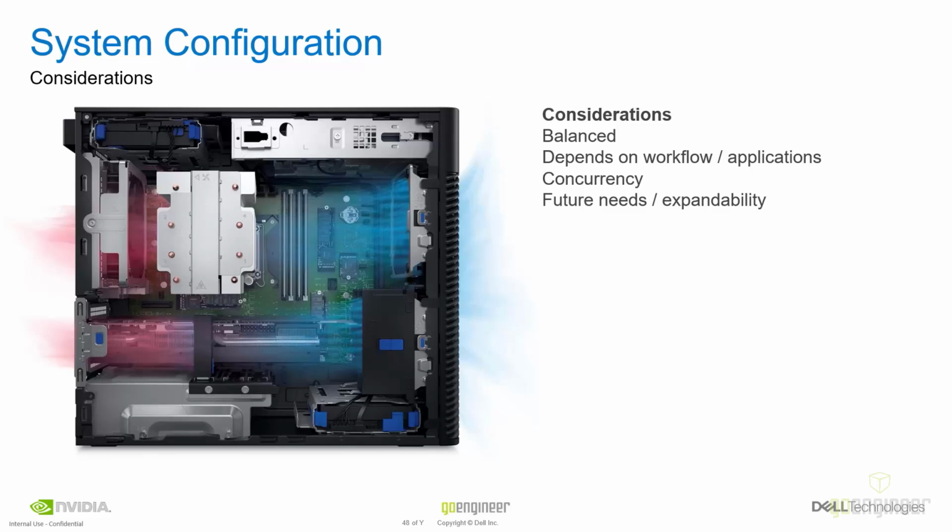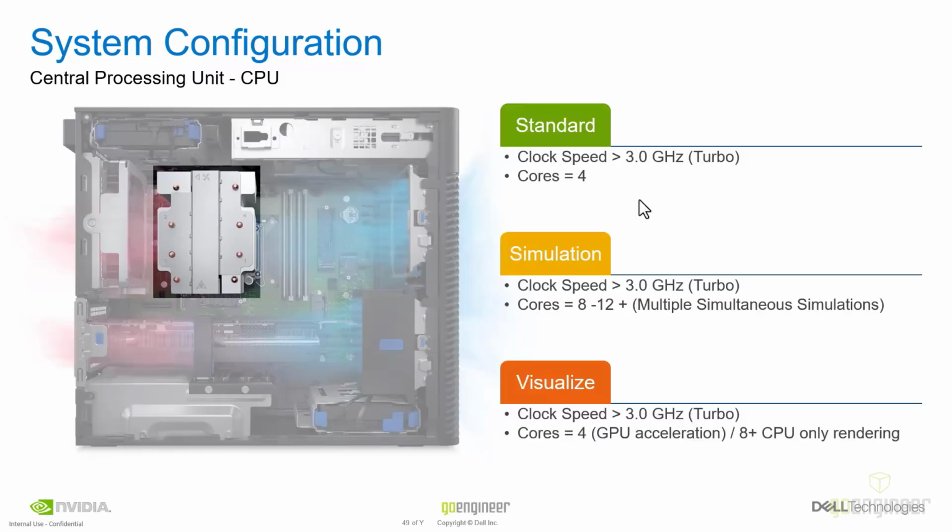On a tower system, it's easy to change components, add more memory, swap a graphics card. But remember, as Charn mentioned, if you're using a mobile system, those have limited expandability. So consider that when you make your purchase, and make sure you consider what your needs are going to be, knowing that you can't change all the components.